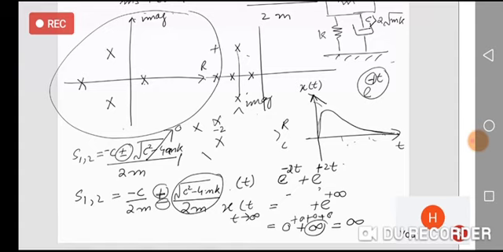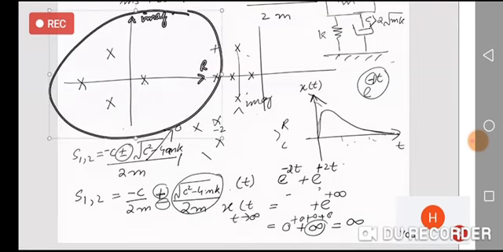Can you tell me about this system now? What is the order of this system? Fourth order. It's a 4th order system because you're seeing 4 poles on the complex plane.